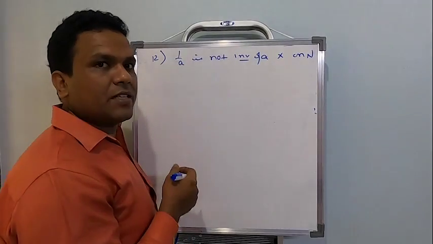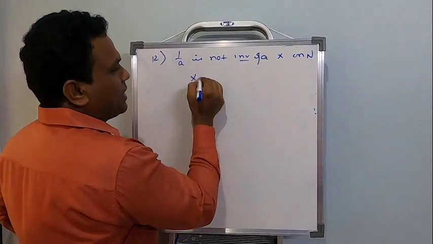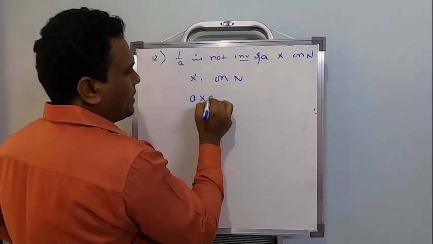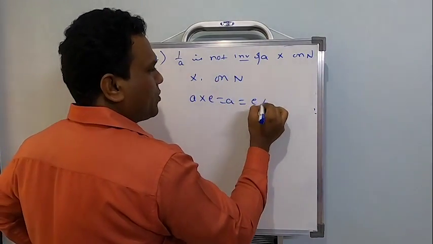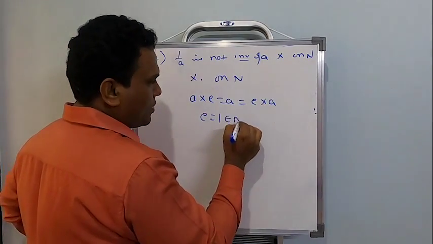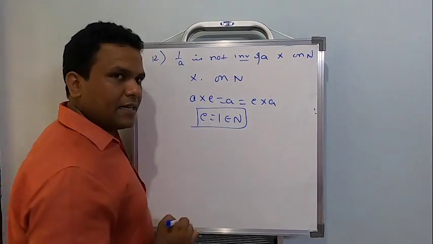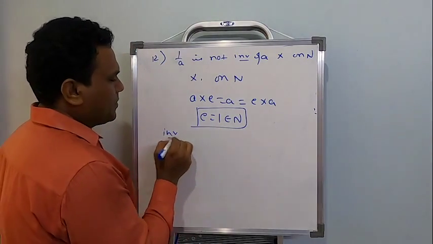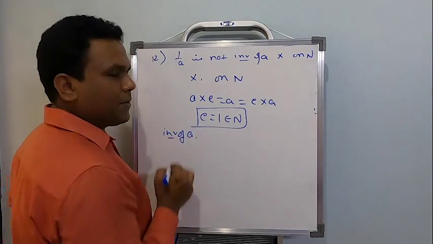First let us check whether there exists an identity under multiplication on natural numbers. A multiplied by E should be equal to A, which should be equal to E multiplied by A. This is possible if E equals 1, so surely identity exists. That's okay. Now let us check the inverse property.